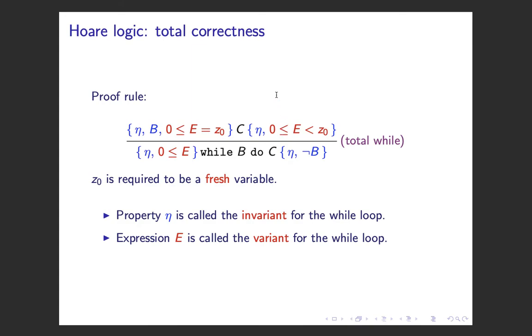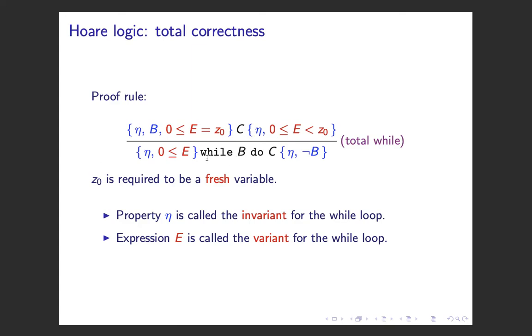So if it's an integer that is non-negative and strictly decreases, and stays non-negative, then it can only strictly decrease a finite number of times. So the idea is that by showing that the variant remains non-negative and strictly decreases every time we go around the body of the while loop, we can only go around the body of the while loop finitely many times.